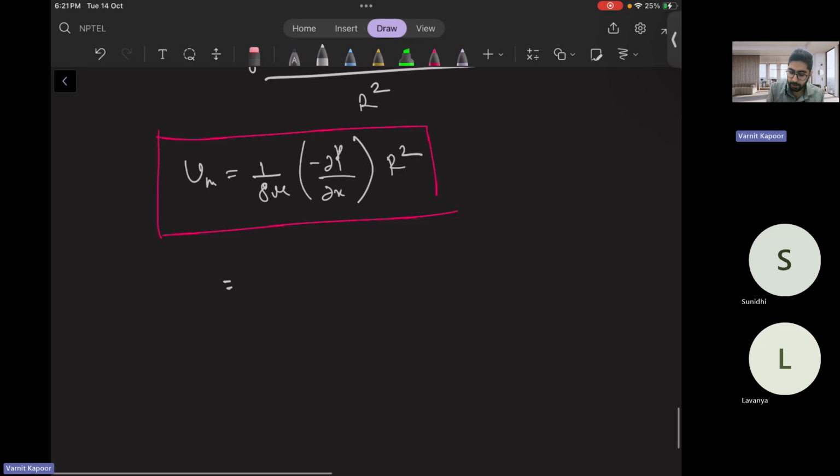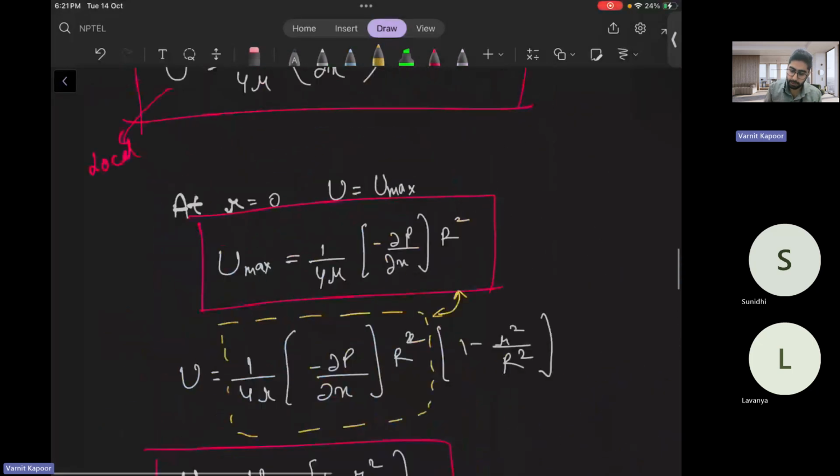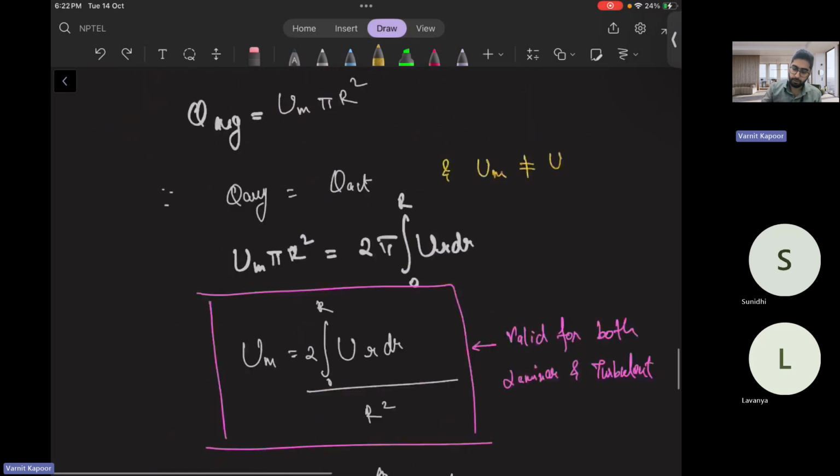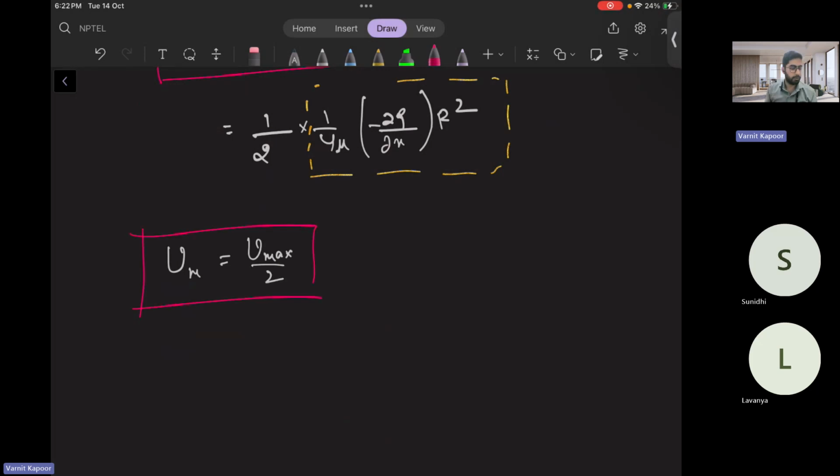You can write this 1 by 8 as 1 by 2 into 1 by 4 mu, minus dp by dx, into R square. If you remember, this is nothing but your maximum velocity. So from here we can say that u mean is u maximum by 2.